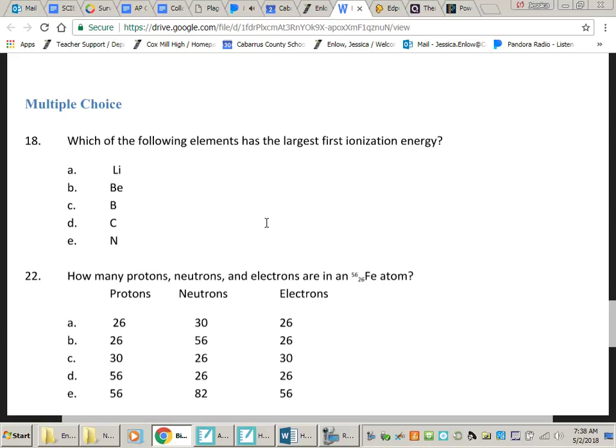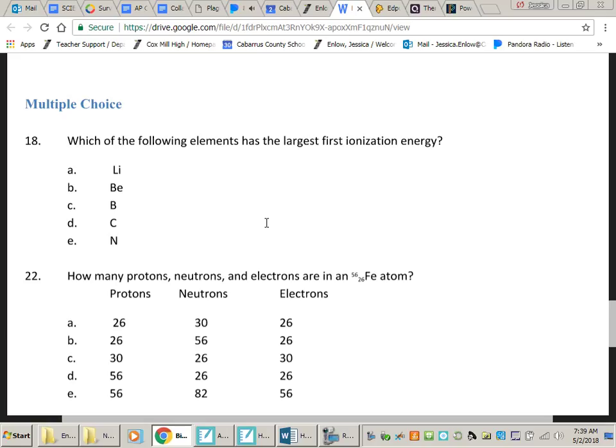But just remember, if oxygen was an answer choice, most of us would probably choose oxygen because it has more protons. But what happens here is you have 2s2, which is lithium, beryllium. So they undergo nuclear penetration. If you were trying to take beryllium's electrons, it'd be very, very difficult because they're so close to the nucleus.